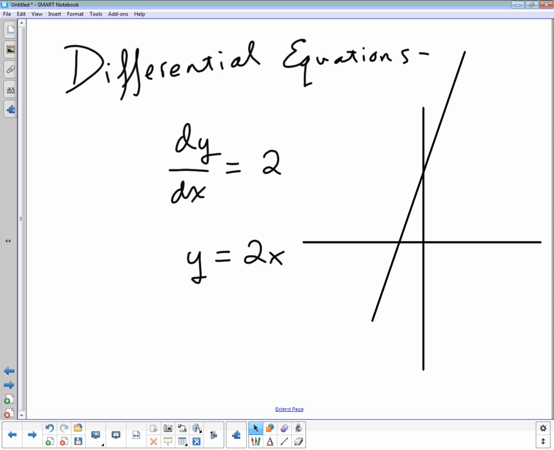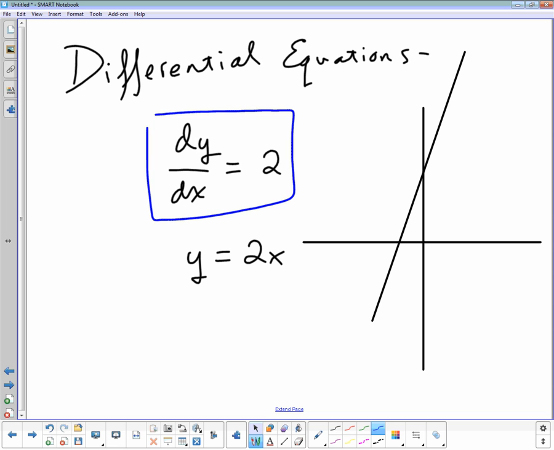I still haven't messed with the truth that I do know. If I know that that's a true thing, adding 4 onto 2x is not going to make it a false thing, correct? So what we need to realize is that there is a general and a particular solution to a differential equation.